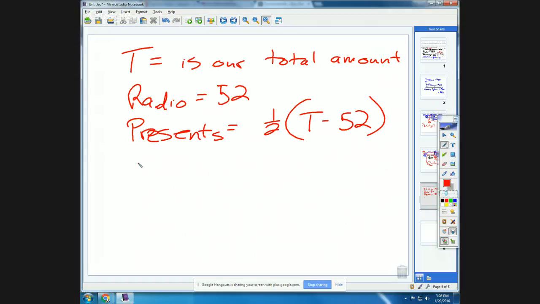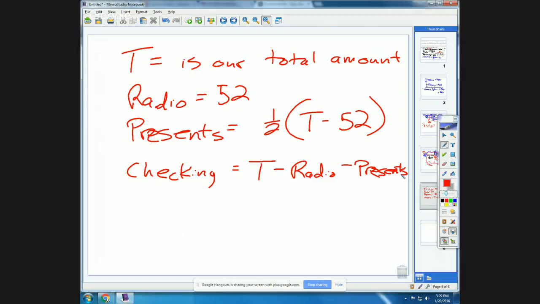So then he starts talking about the checking account. And for the checking account, he said, take a fraction of what's left now. Well, what's left now is the total minus the radio minus the presents. Agreed? That's where I'm at now.